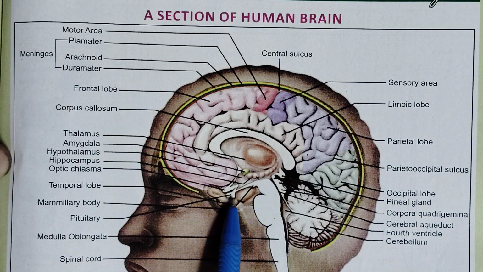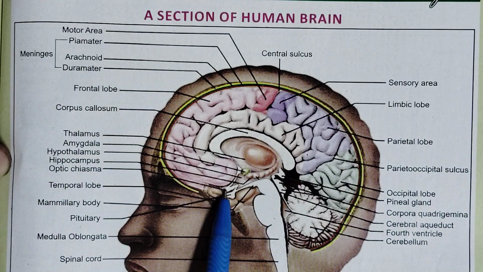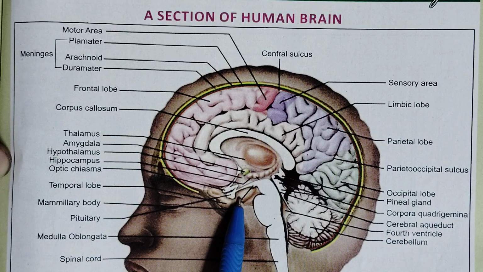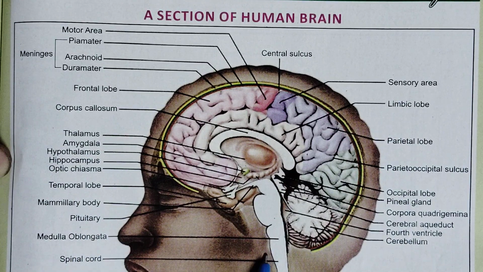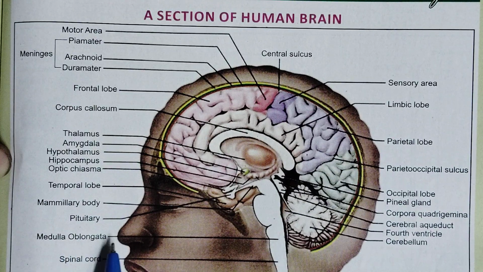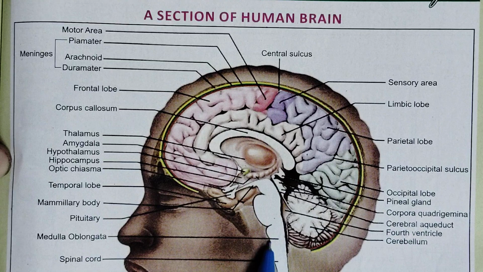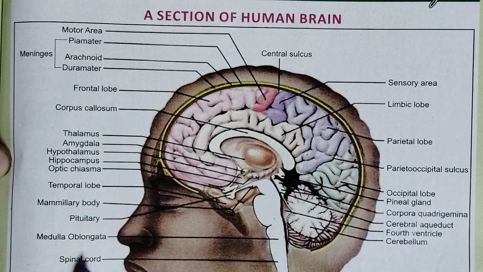There is closeness between the optic chiasma and the pituitary gland. Below it is the medulla oblongata. This is the starting part that connects with the spinal cord.